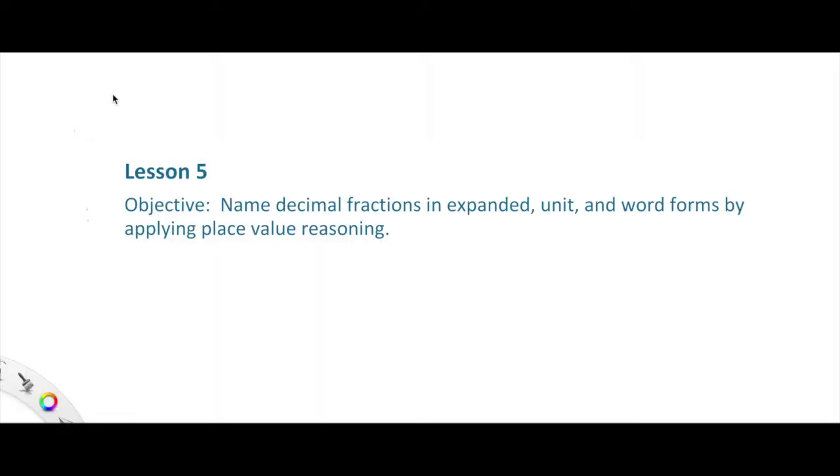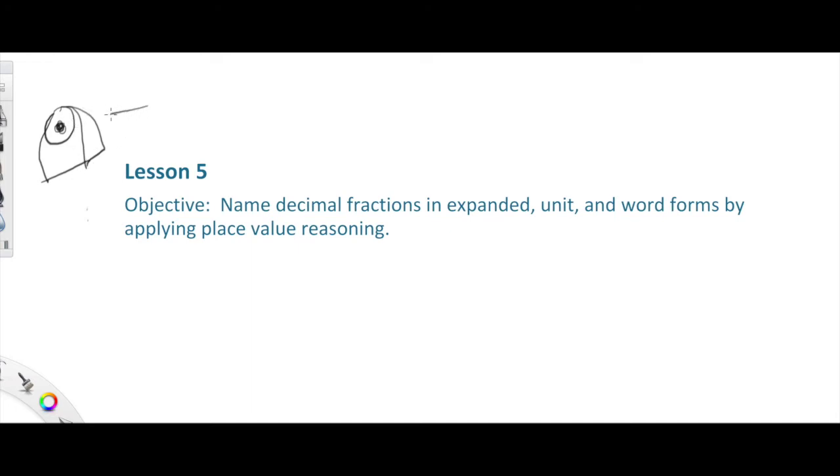Kiddos, before we get in to looking at some examples, I want to add another layer to our math experience. In our notebooks, before we start our math rotations, we are going to write out our learning target. So this is my best learning target.